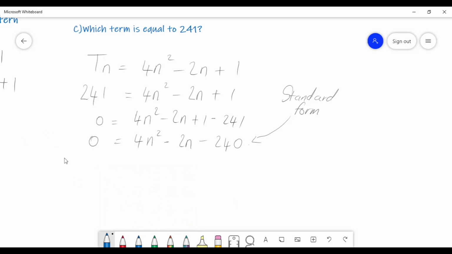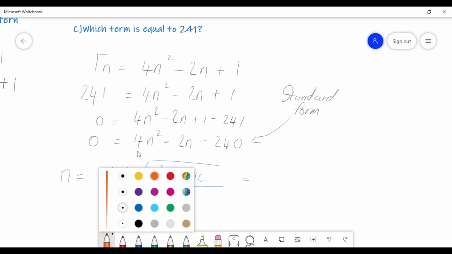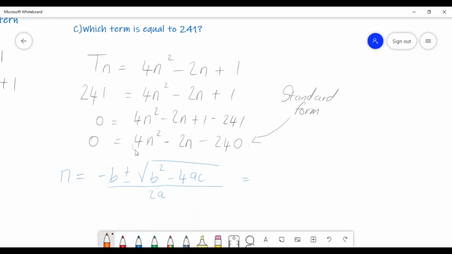So you can just simply use the quadratic formula, which is n is equal to minus b plus or minus the square root of b squared minus 4ac, all over 2a. If you substitute, we already know that your a is equal to 4, your b is equal to negative 2, and your c is equal to negative 240.